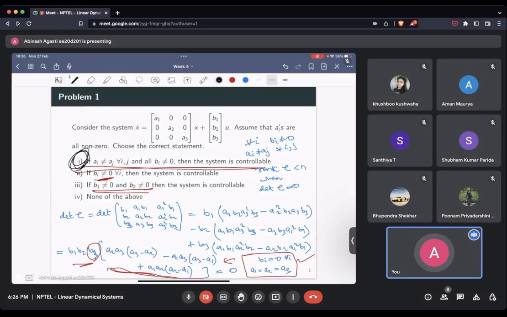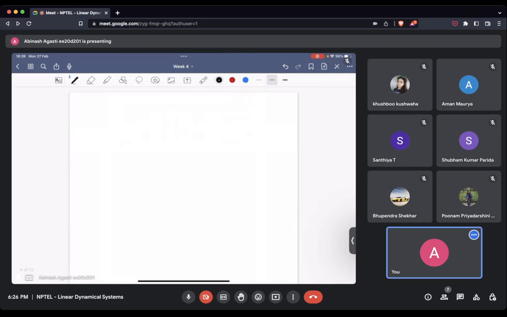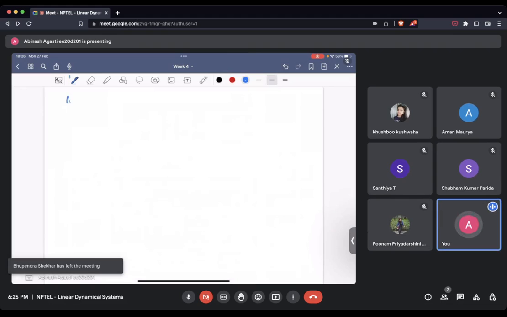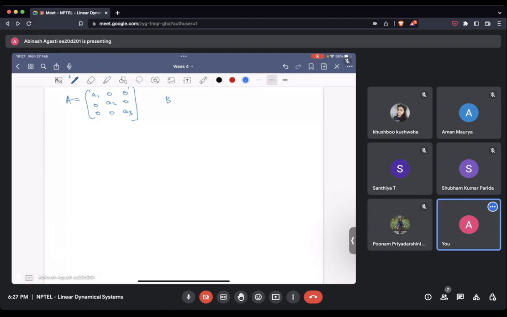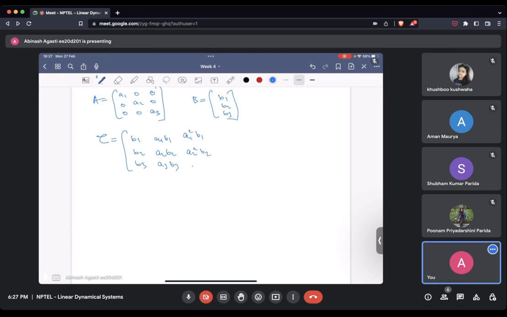Yeah. So let's get a plain page. So this is what we got for the controllability matrix, right?